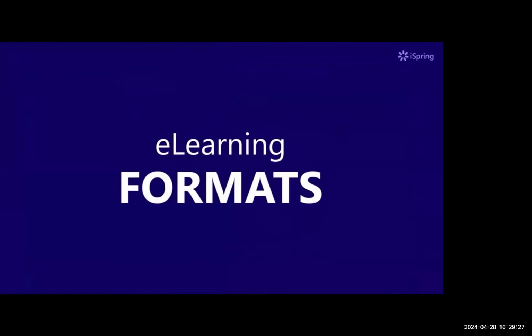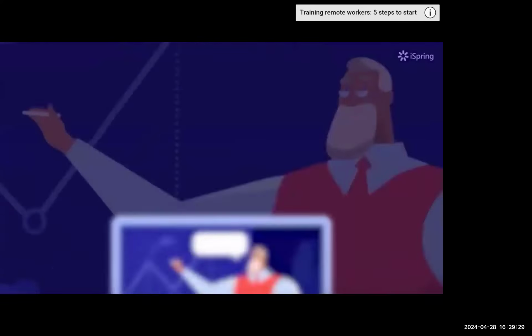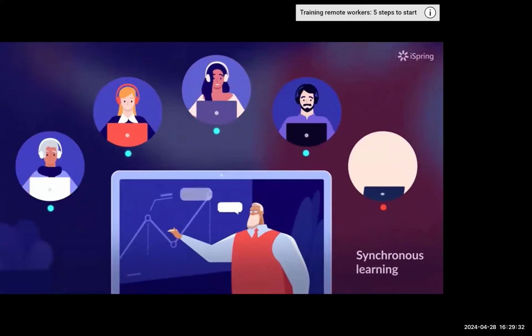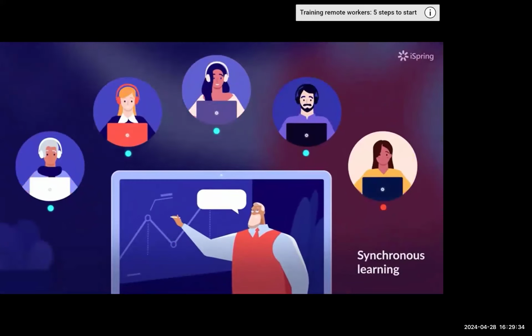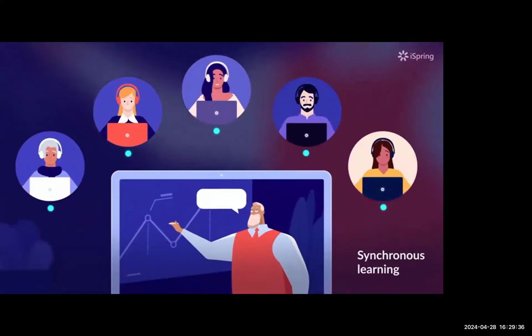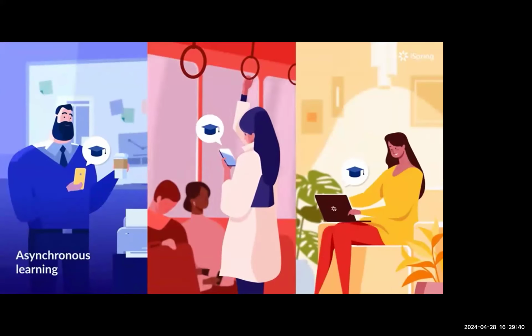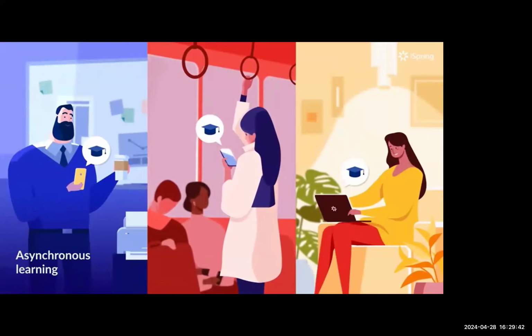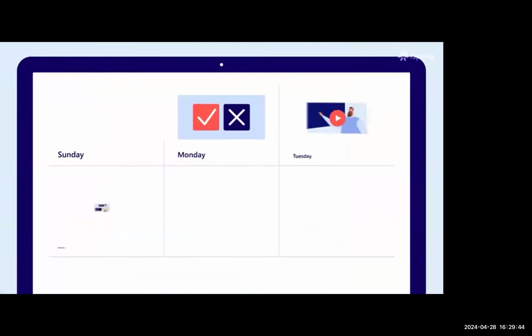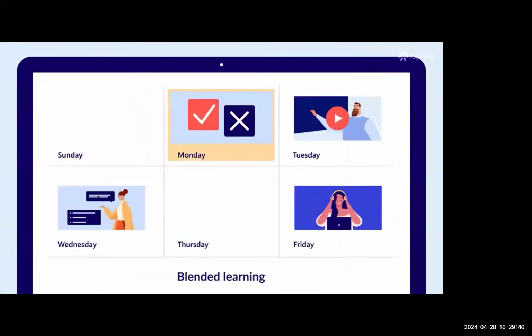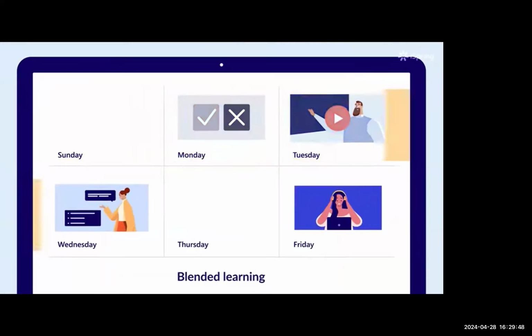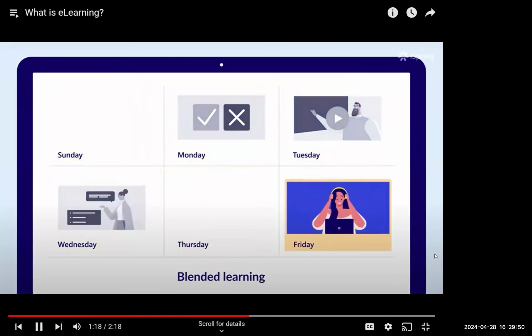There are different forms of e-learning to choose from. Synchronous learning is, for example, a webinar led by an instructor. It needs all the participants to be available online at the same time. Asynchronous learning allows learners to access information whenever they need and to be more independent in their learning process. Blended learning is a mix of synchronous and asynchronous formats. This approach is even more flexible and can be easily molded to any learning goal.